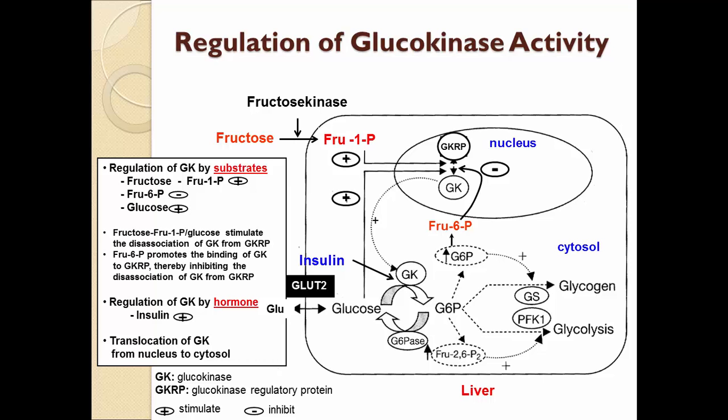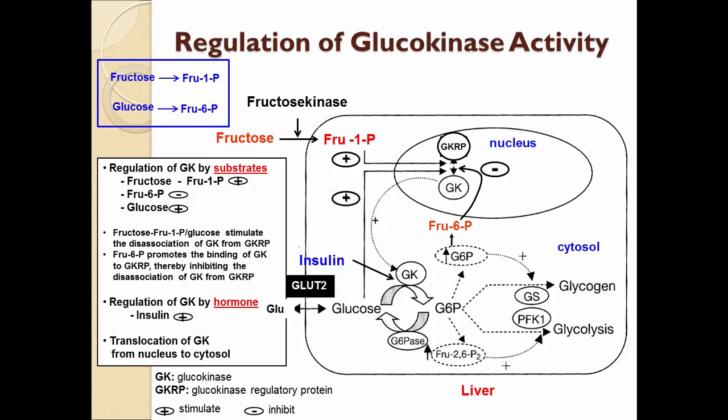Glucokinase is again the key enzyme in the glycolysis pathway. I just wanted to remind you that fructose 1-phosphate is metabolized from fructose, and fructose 6-phosphate is metabolized from glucose in the glycolytic pathway.